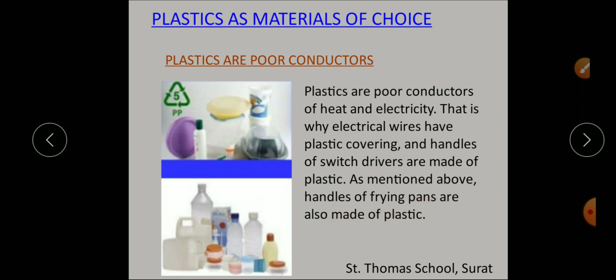Among cooking vessels, for example, frying pans are also made of plastics. Why? This is because plastics are poor conductors of heat and electricity. This is the reason why electrical wires have a plastic covering.